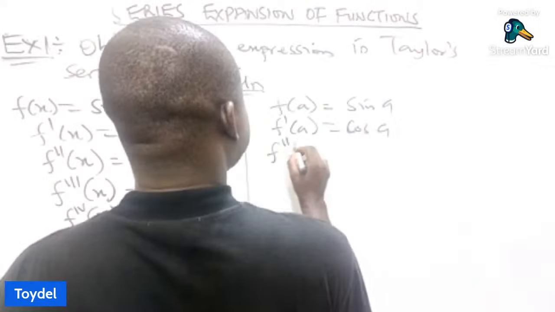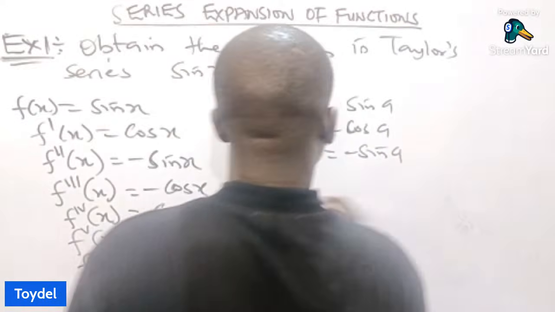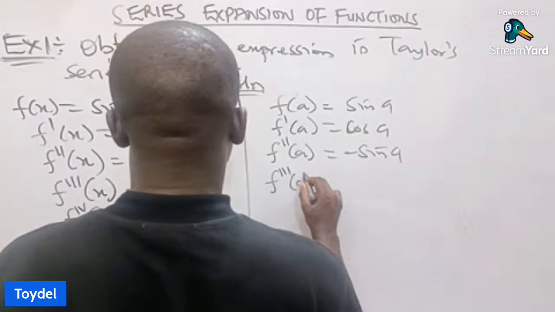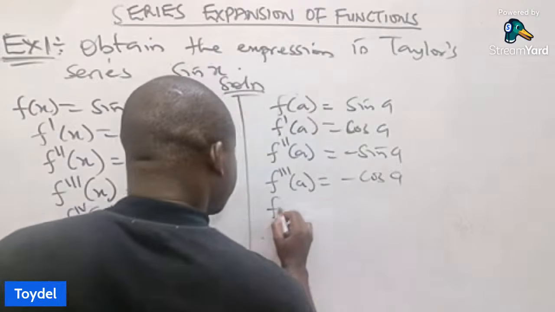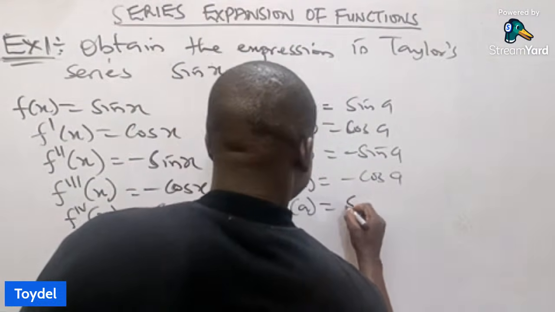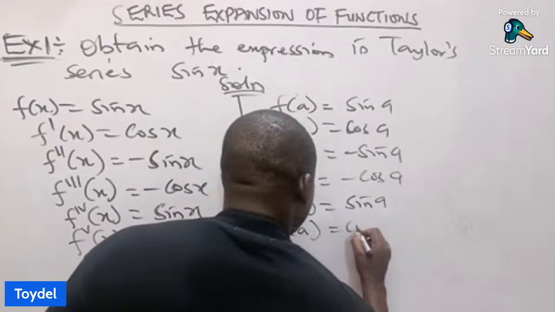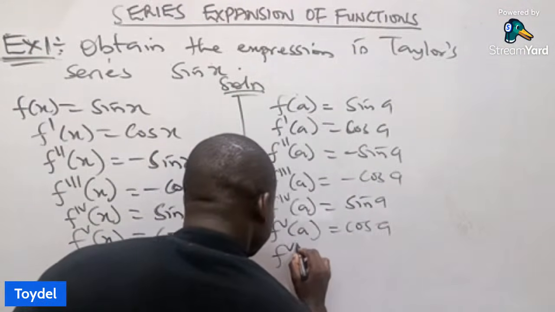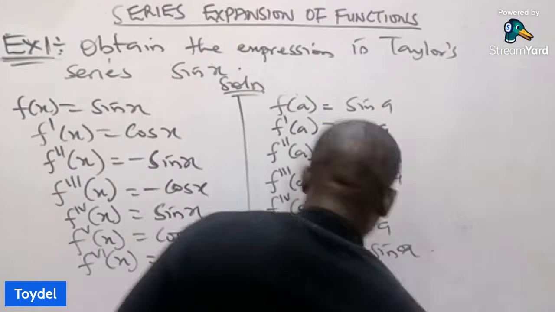Then f prime prime of a will be equal to minus sine a. f triple prime of a will be equal to minus cos a. Then f raised to power 4 of a will be equal to sine a. f5 of a will be equal to cos a, while f6 of a will be equal to minus sine a. That's what we're going to get.